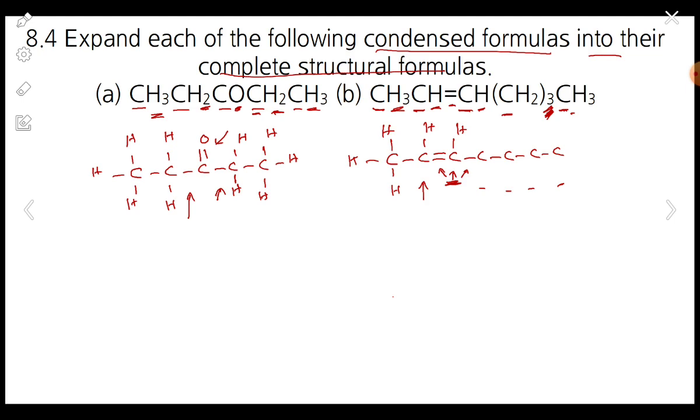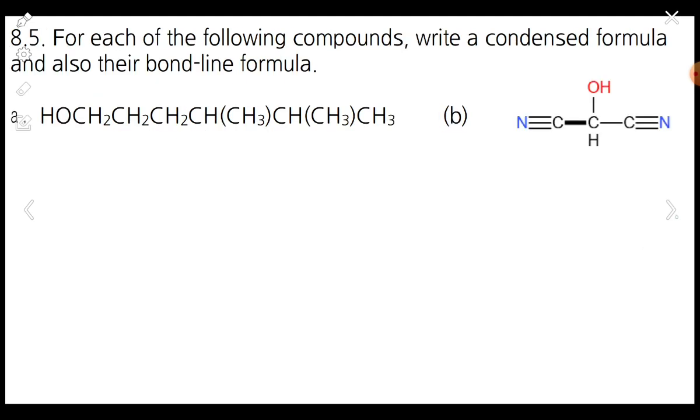So how many hydrogens are there? 2 hydrogens are there on each of the carbons. 1, 2, 1, 2, 1, 2, and at the end there are 3 hydrogen atoms. This is how we write the complete structures of the molecules. Let's move on to the next question.